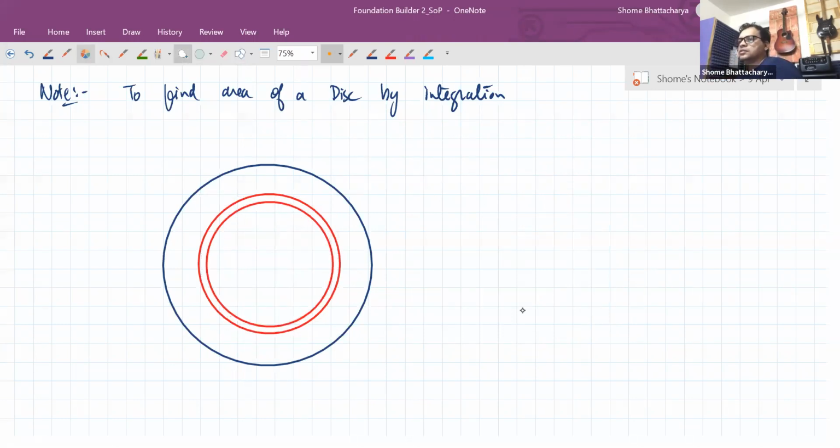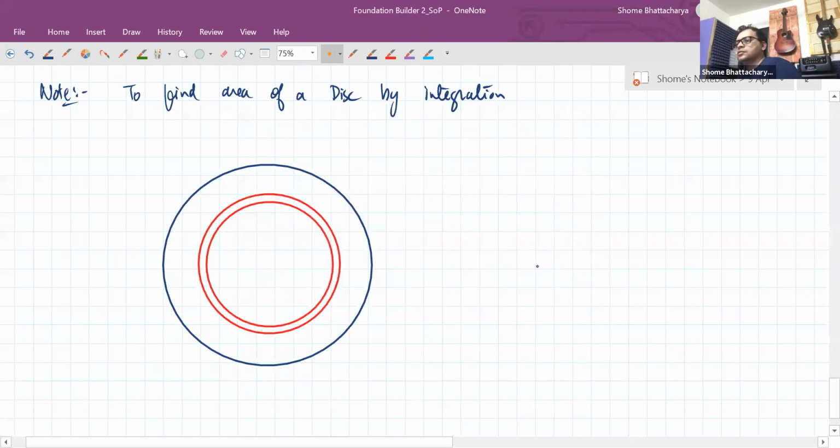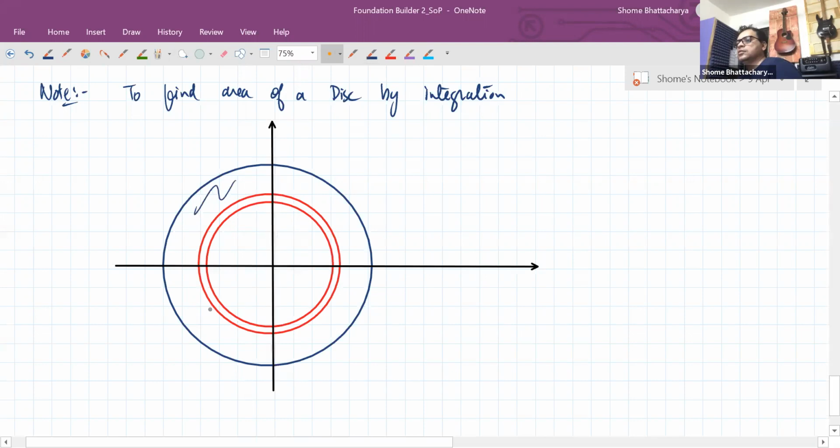Right, so if we divide this, this is a disk of radius R. So now we slice it into thin rings of radius small r and thickness dr.